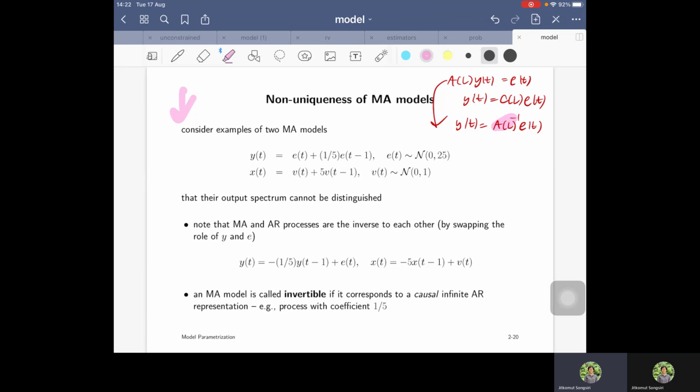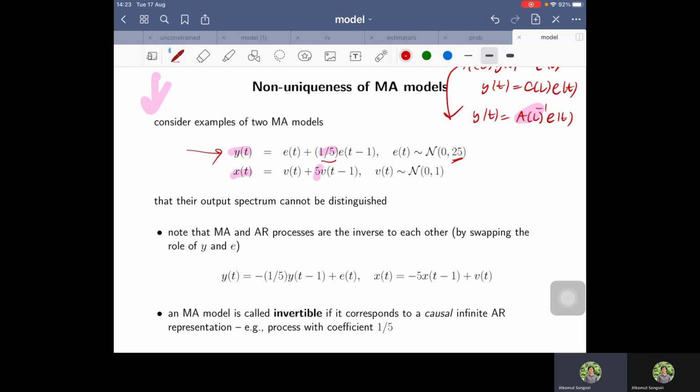Now let's say I have two MA processes, one described by Y and the other described by X. If you notice, the coefficients c_k look like the reciprocal of one another: this is 1, 5, this is 5. For the equation of Y, the coefficients are 1, 5, but the variance of the noise that corrupts it is 25.